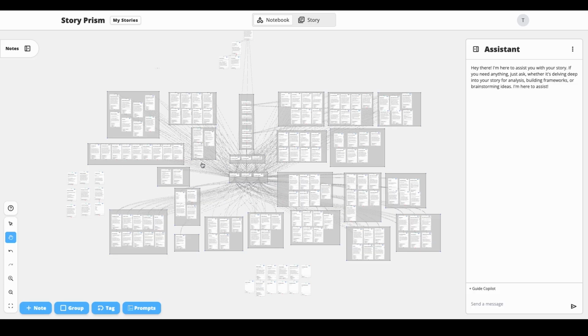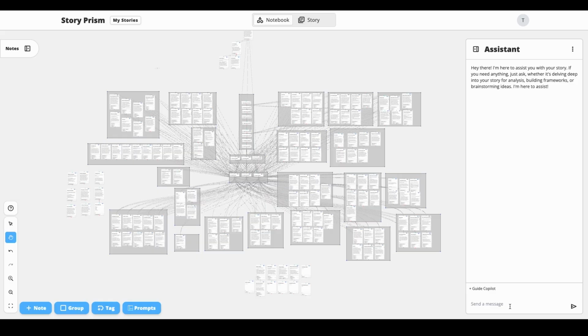And so you can have a pre-made story, something that you've already been working on, and then use as many prompts as you want to go note by note, or just scan all the notes and find problems in different areas.